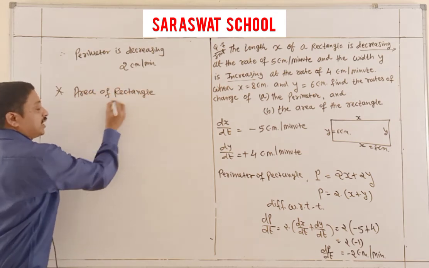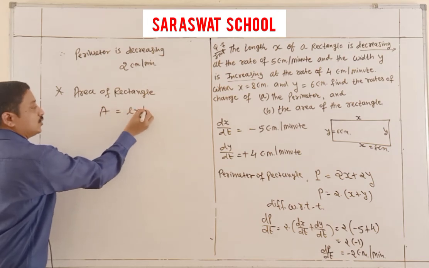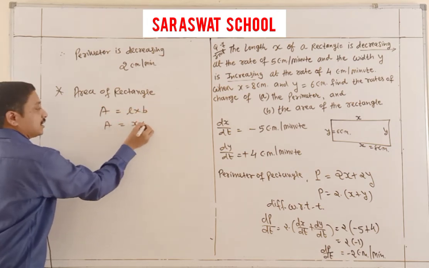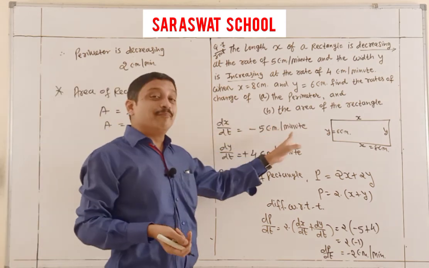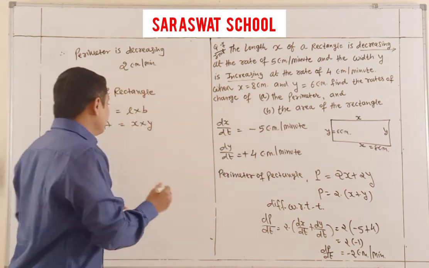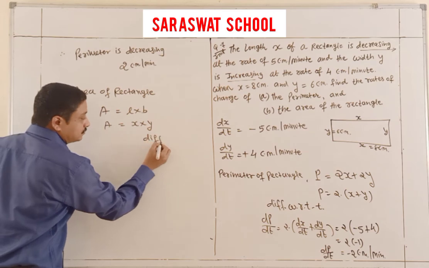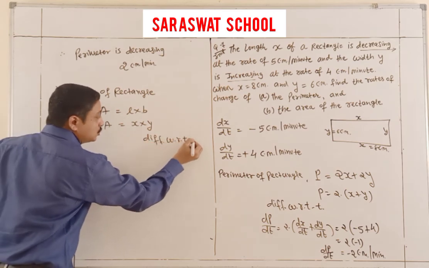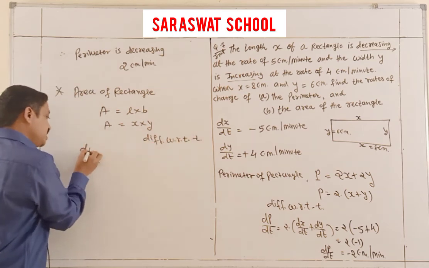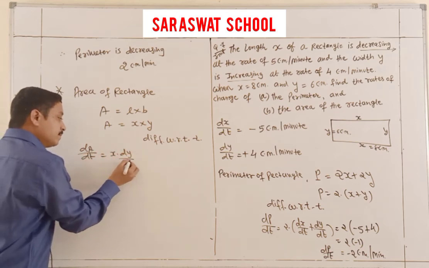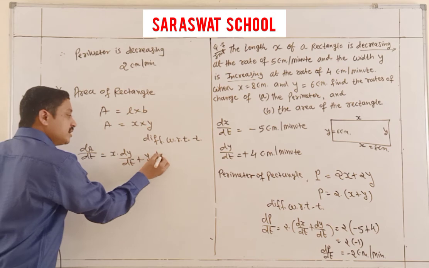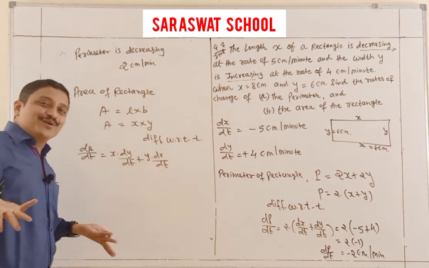You know that the area of a rectangle is length into breadth, x into y. Apply the derivative with respect to time. Differentiation with respect to time. So dA versus dt is x dy by dt plus y dx by dt. Only the product rule, already known to you.